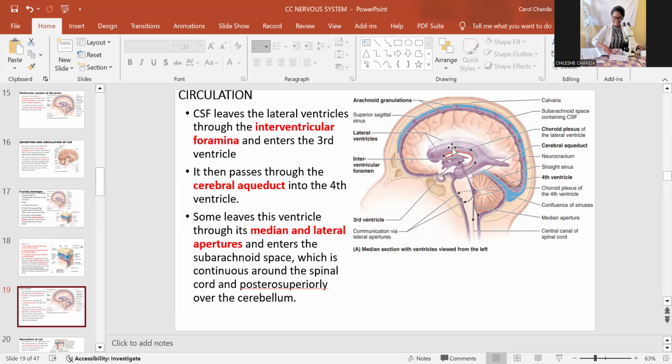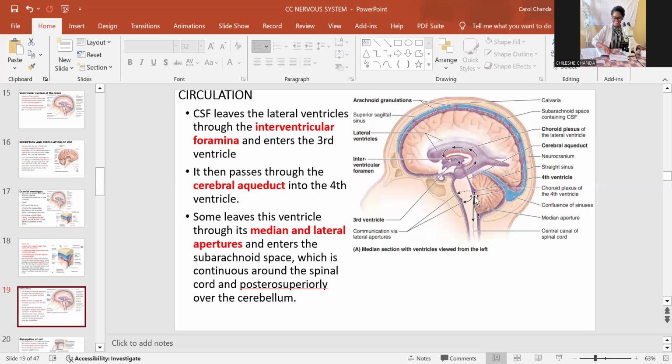For cerebrospinal fluid to move from the ventricles to the subarachnoid space, we are going to find that there will be places where this cerebrospinal fluid will be escaping. For example, in the fourth ventricle, we have some apertures that will allow cerebrospinal fluid to move.